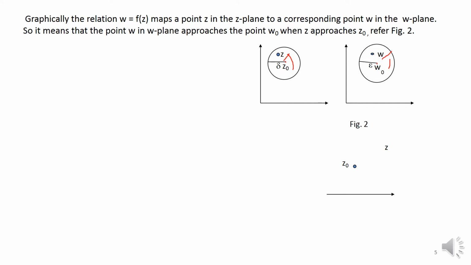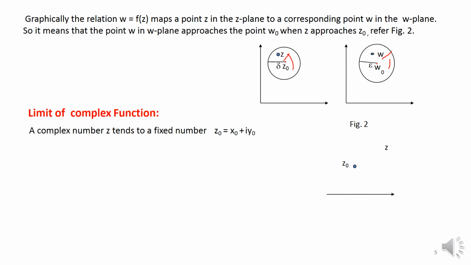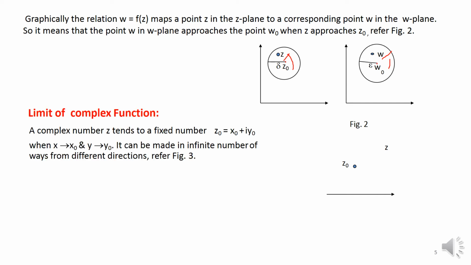So now we can discuss the limit of a complex function with the help of these and a new figure where we will see the function also. A complex number z tends to a fixed number z0, which is equal to x0 + iy0, and here we can see in the figure that z is approaching z0.